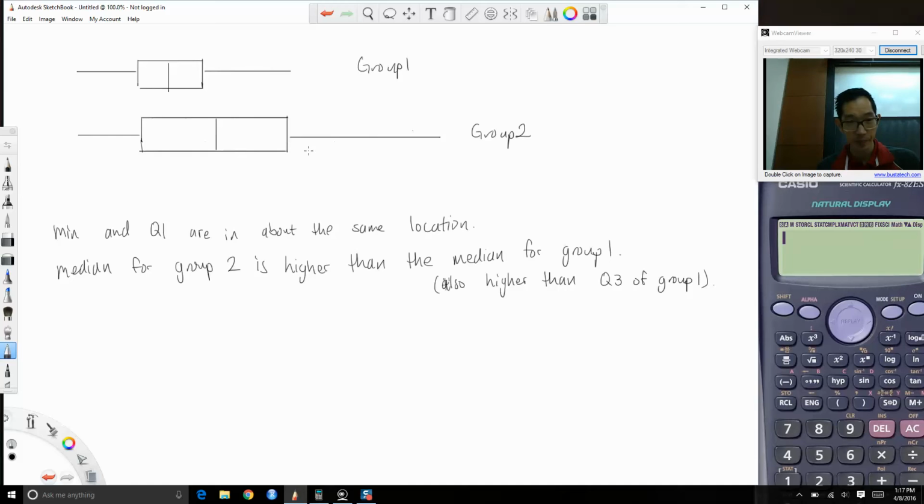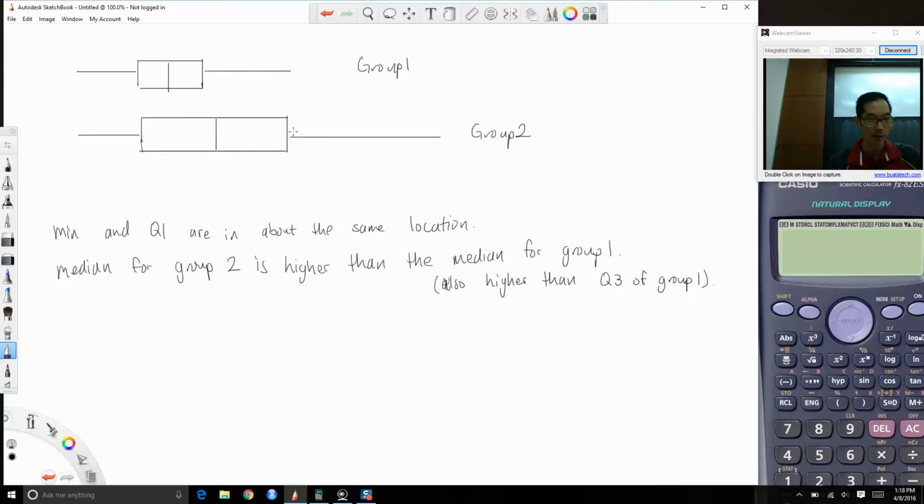Also, am I trying to say something about these? I'm sorry, I totally just lost my complete train of thought, and I'm trying to think what else I'm trying to say about these.